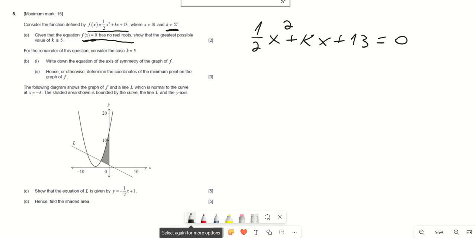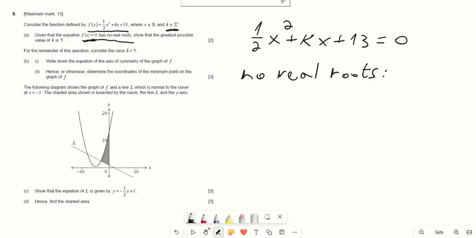Sorry, I don't have to show that it has no real roots. Given that it has no real roots, I have to show that the greatest possible value for k is 5. So if it has no real roots, it means that the discriminant is negative.